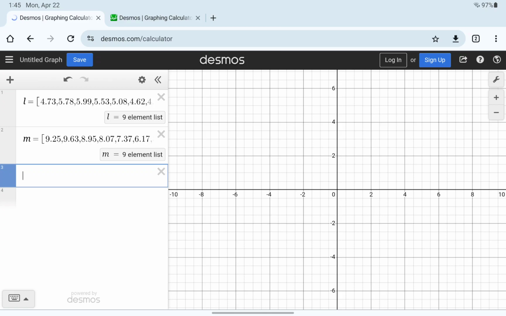I've already gone ahead and off-screen entered these two data sets into Desmos. Then to calculate the mean for each data set, we just type the word mean, M-E-A-N, and then in a set of parentheses, call on either of those data sets.